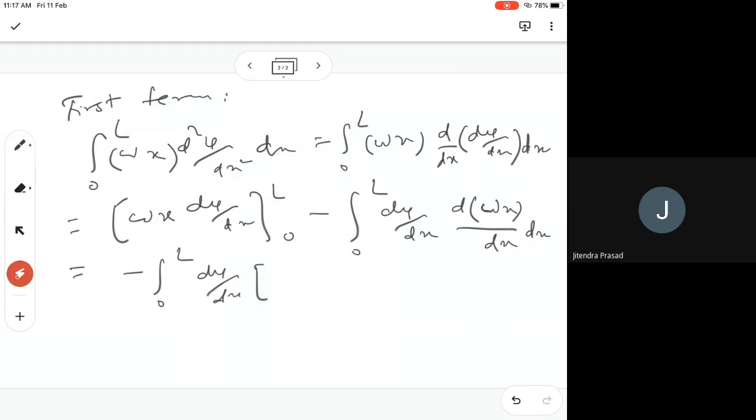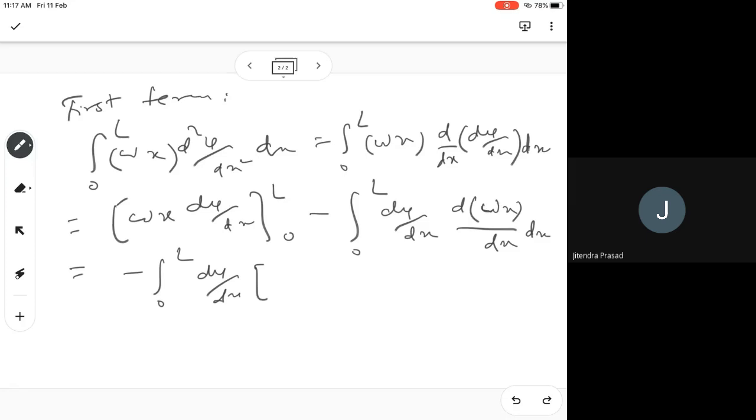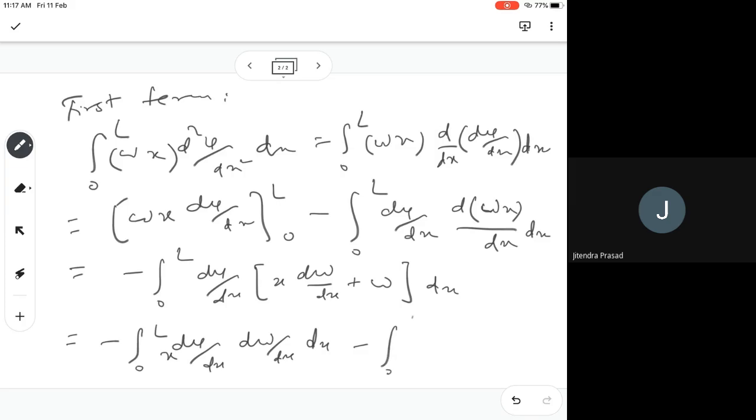Now you can expand this. And what do you get? You get d, which we can write as x times dw over dx plus w, dx, which is equal to minus 0 to L du over dx times x dw over dx, minus 0 to L du over dx w dx.